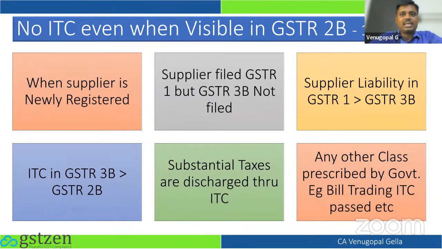Likewise, they would now start publishing that these are the GST numbers you shouldn't be buying from, else your credit will be restricted. So this is a situation where you have purchases visible in 2B, but still your credit is blocked or restricted. You will not be getting the credit of it.